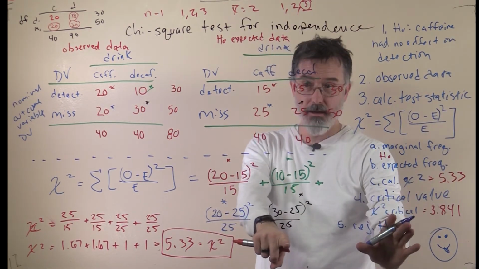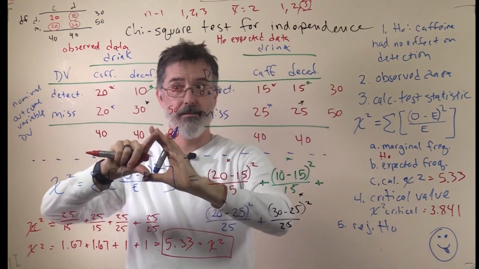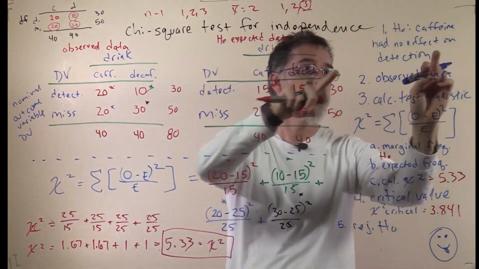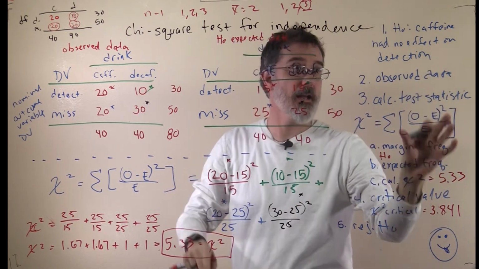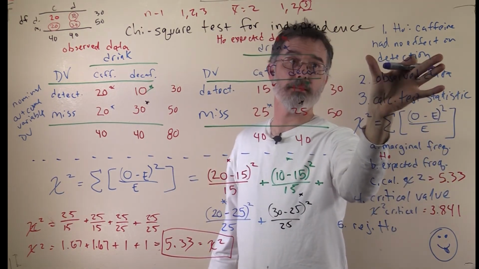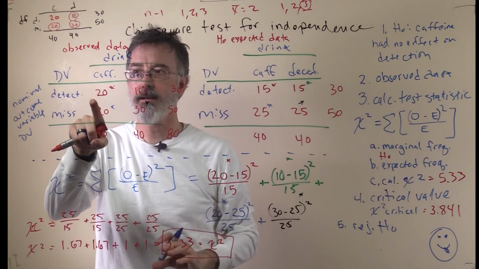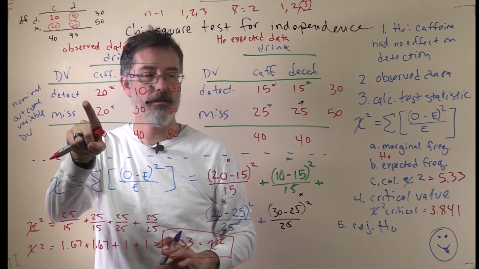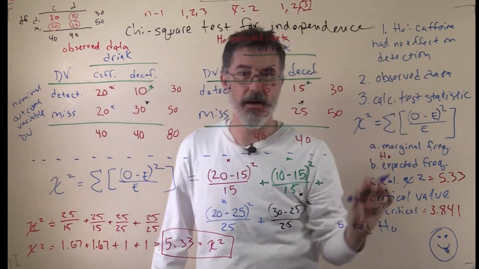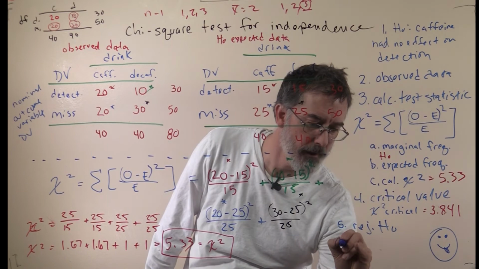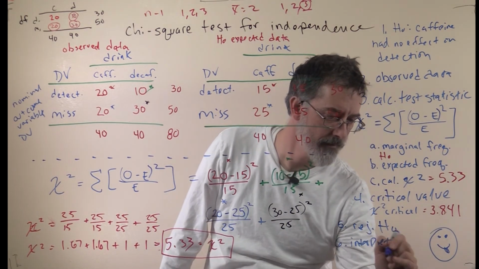We decide our sample data is so unlikely to have come from a world like this that we're going to decide it did not come from a world like this. It came instead from a different world where caffeine enhanced the detection of hidden objects. So we reject our null hypothesis and interpret our findings.